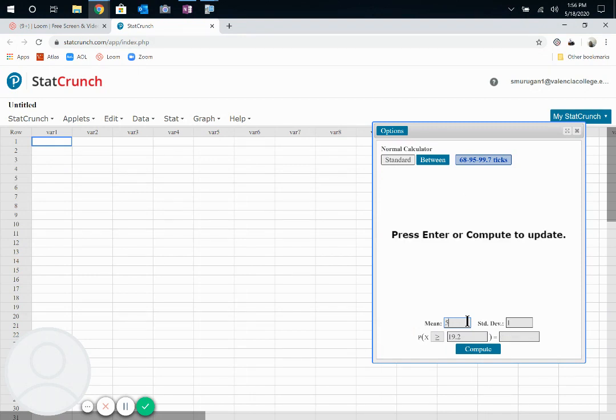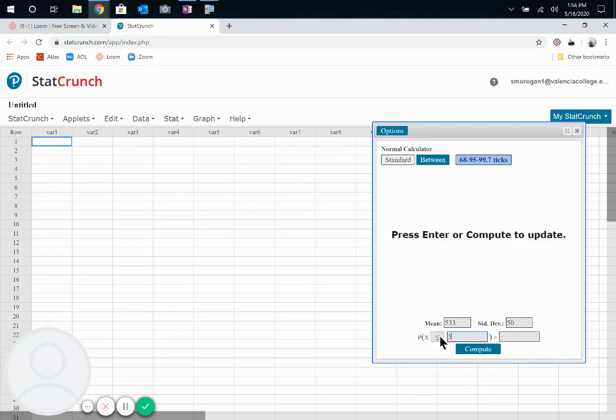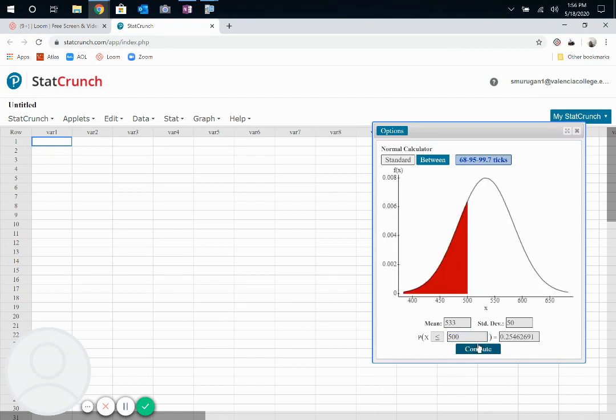Mean is 533, standard deviation is 50, less than 500, and that would give you your answer.